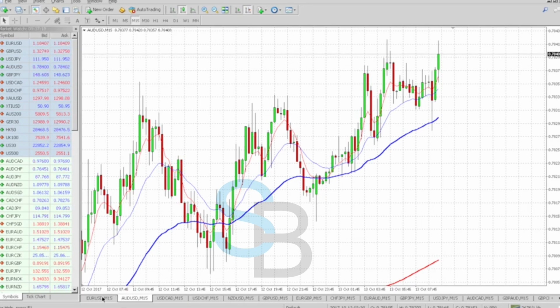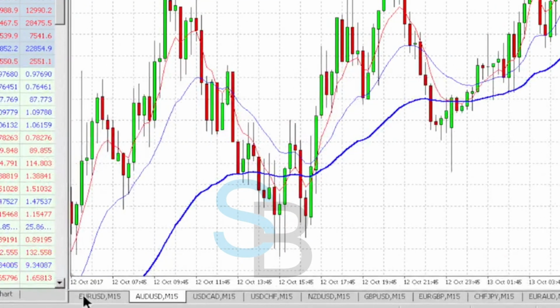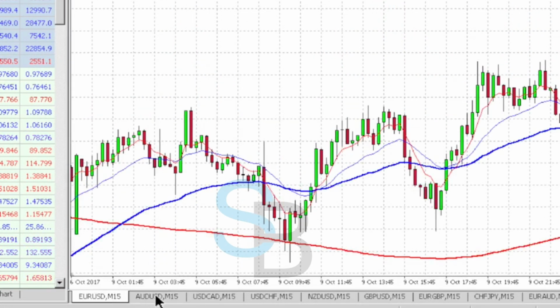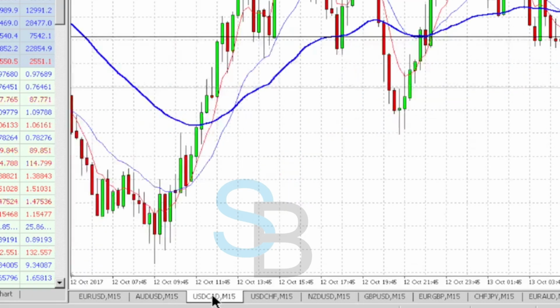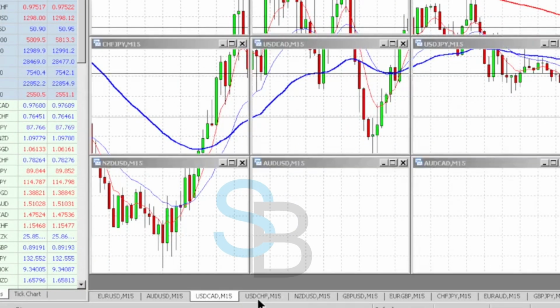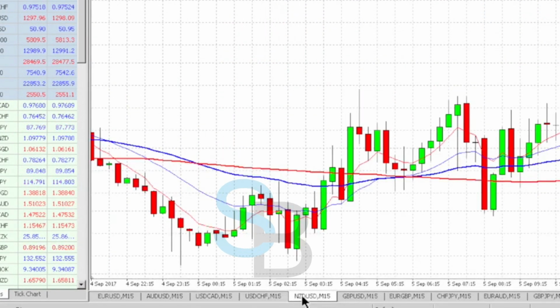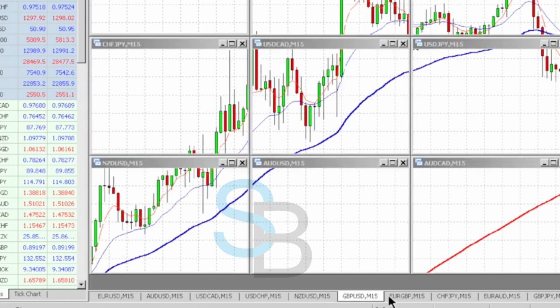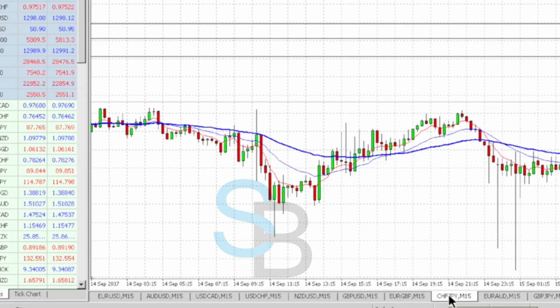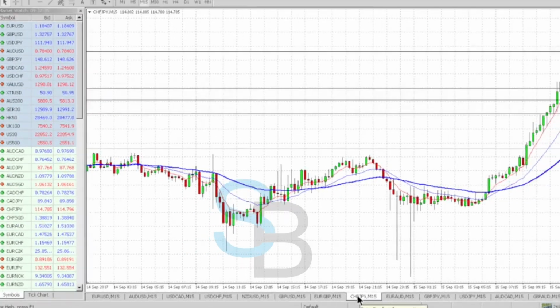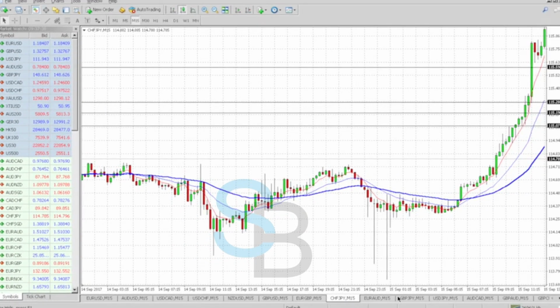And on the MT4, I have created all these tabs. So Euro USD, Aussie dollar, dollar CAD, dollar franc, New Zealand dollar, pound dollar, euro pound, franc yen. So you can see I look at almost every pair, except the exotic pairs. Like I don't look at Singapore dollar or Chinese yen.